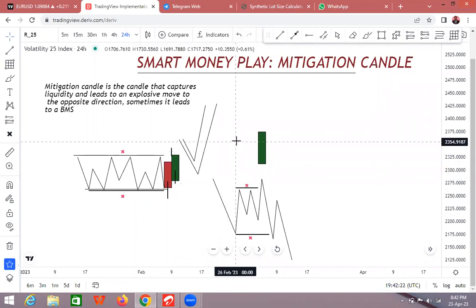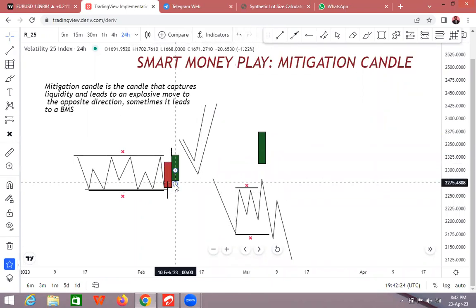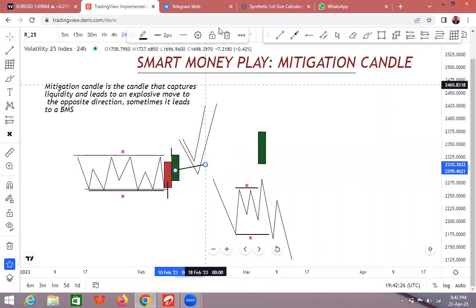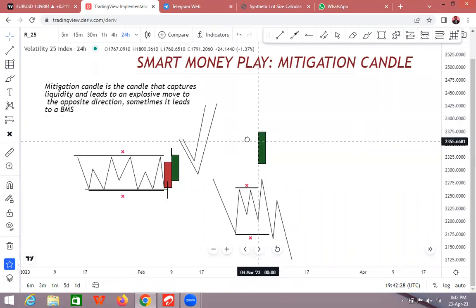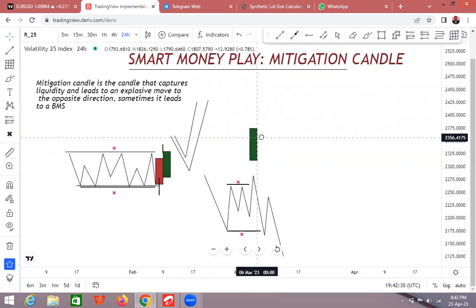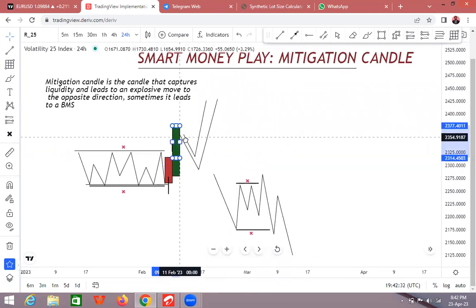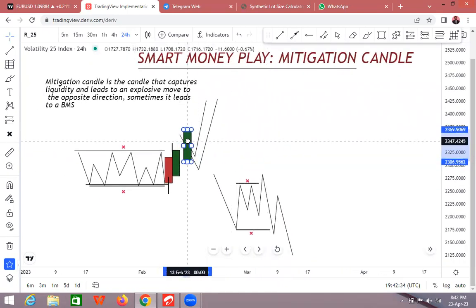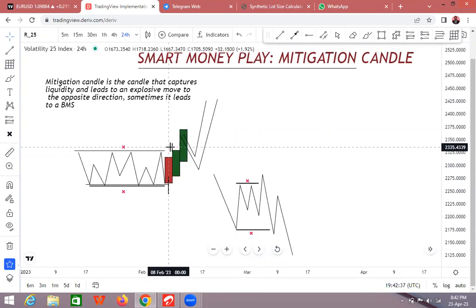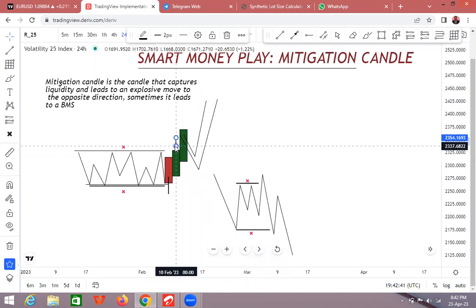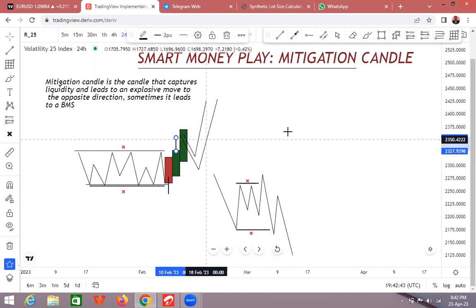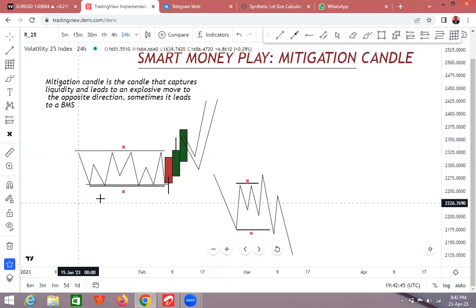Maybe something like this, or sometimes this one is not here at all. And then you see the next move, you see buy candles up at the same time in a very speedy, explosive move. So this is liquidity building up here.